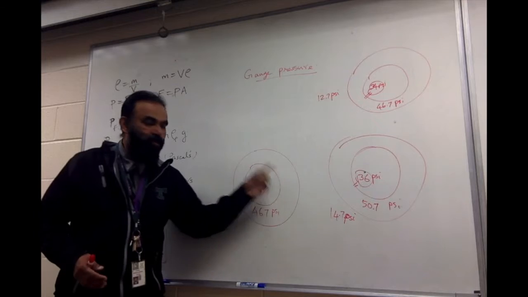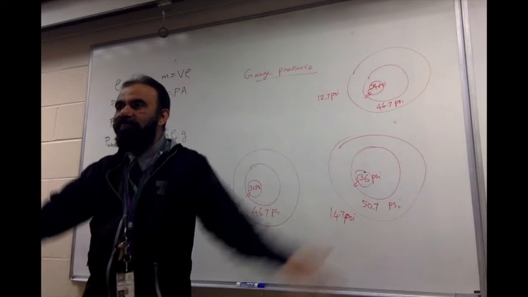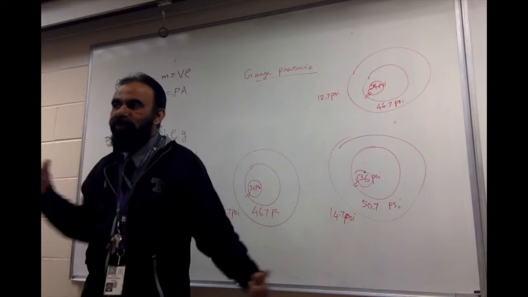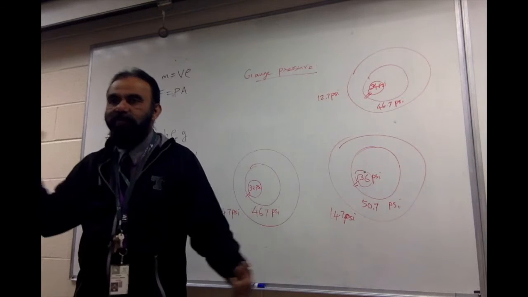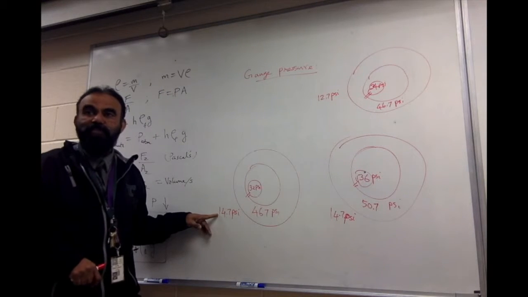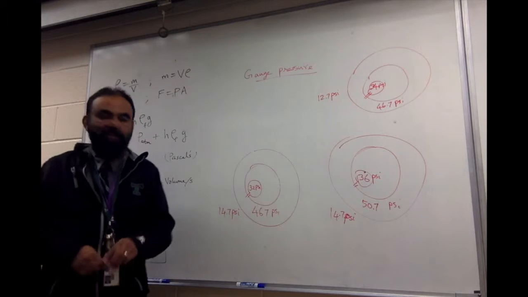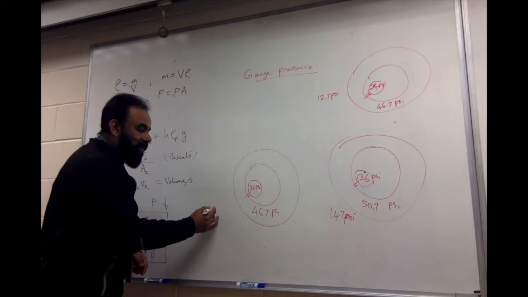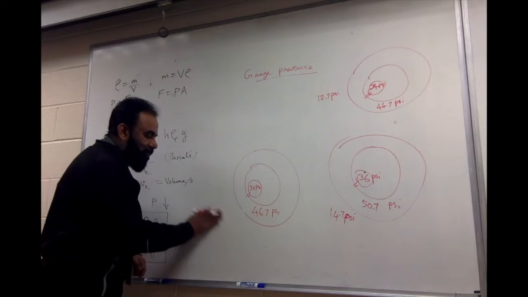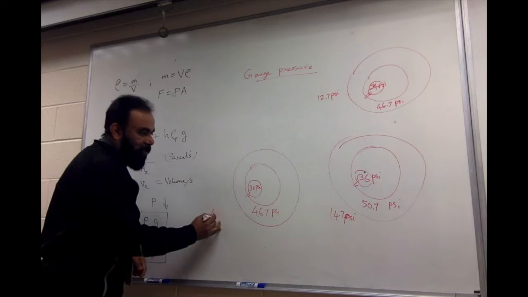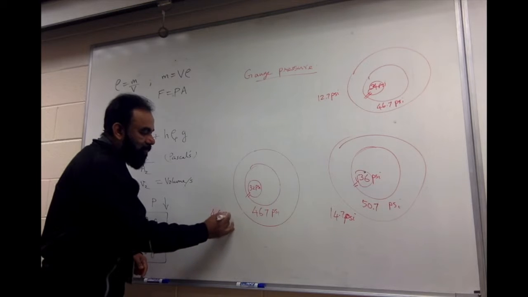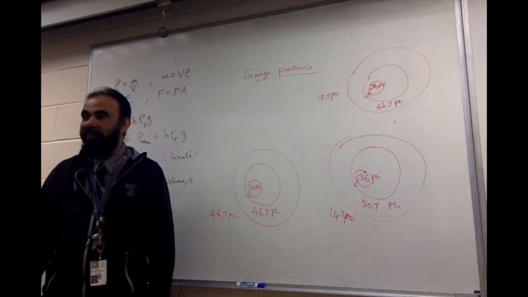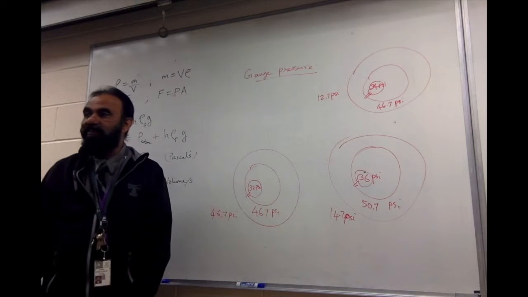Let's say, for example, this whole car is placed in a chamber, and you're pushing more and more air into the chamber and pressurizing it. The pressure is 46.7. You pressurize the chamber to 46.7. What will the gauge read?